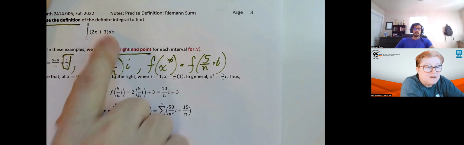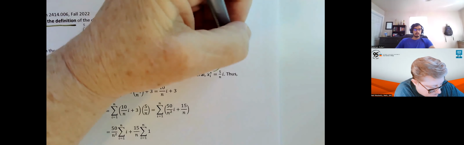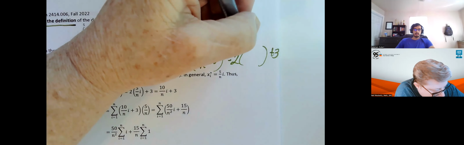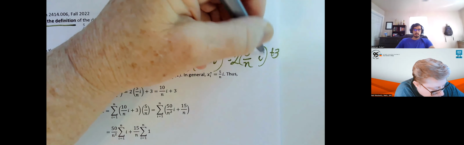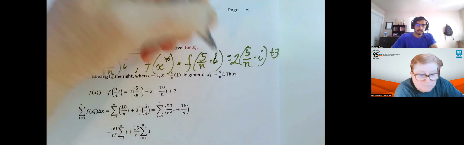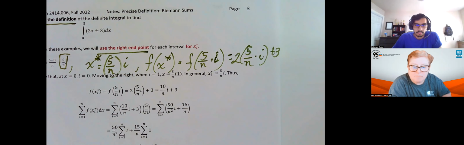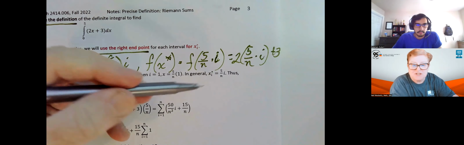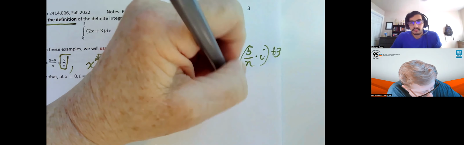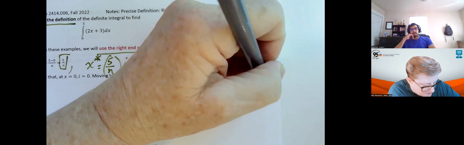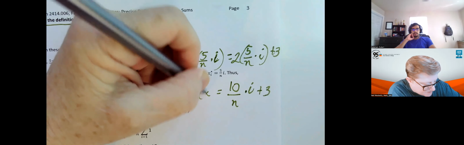And our function is 2x plus 3, where x is 5 over n times i. And 2 is just a number, so I can multiply that through here. I get 10 over n times i plus 3, and that is f of x star.